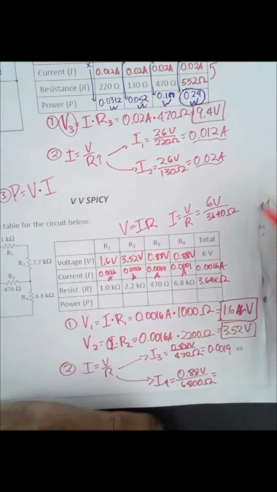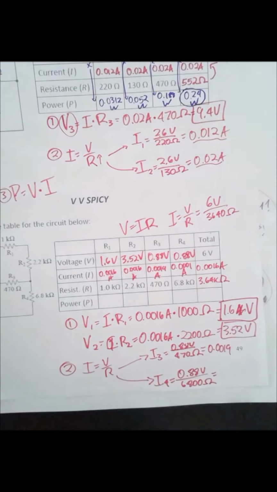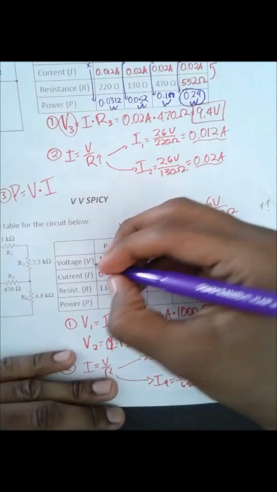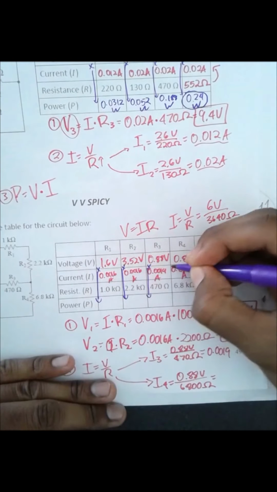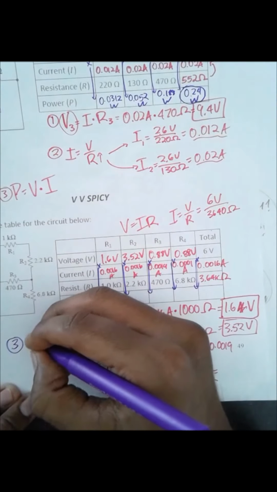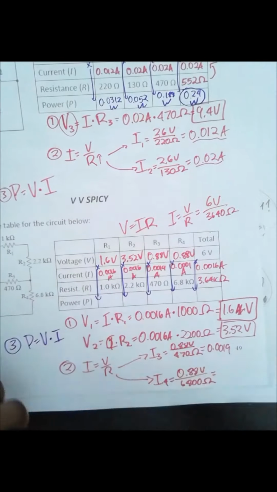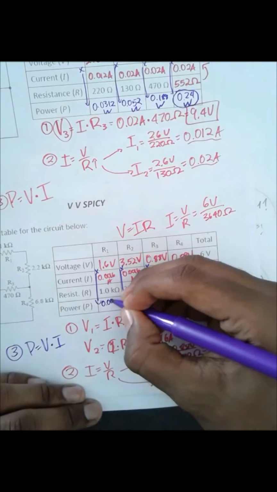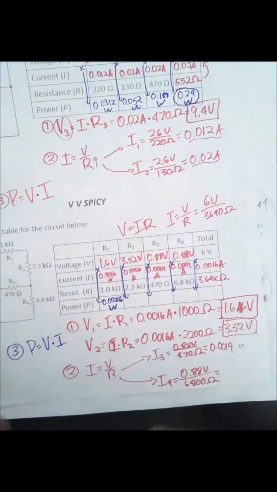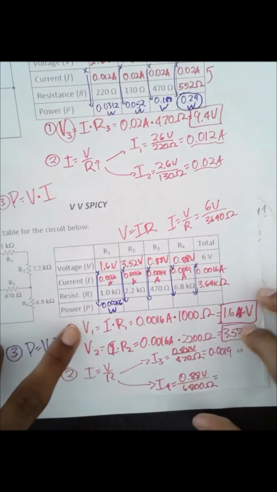So now that we've found the current for all the resistors, and because we know the voltage, come on, child's play. We can find totals for power by just doing the casual P is equal to V times I. So 1.6 times 0.0016 is 0.00256 watts there.